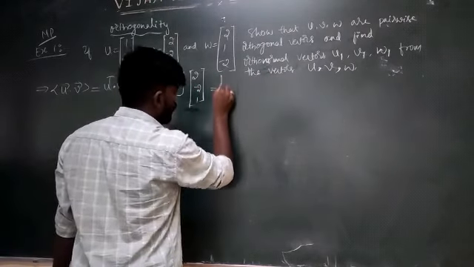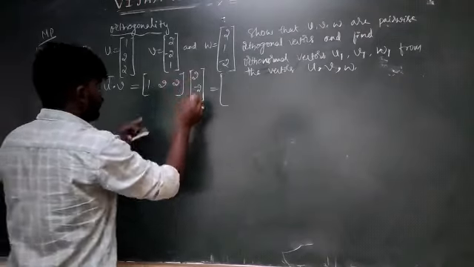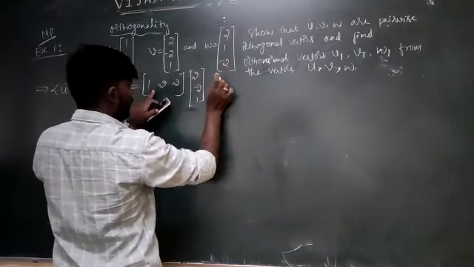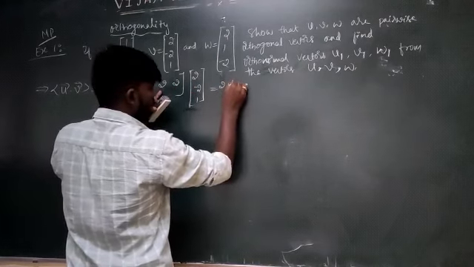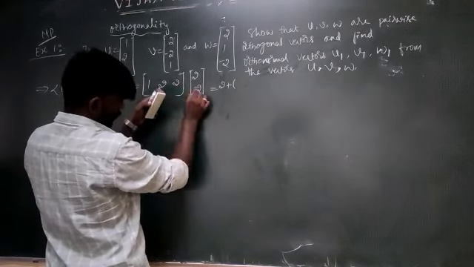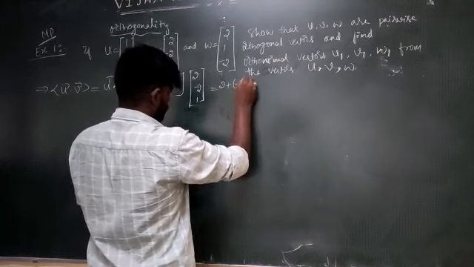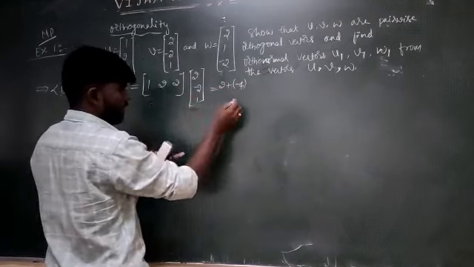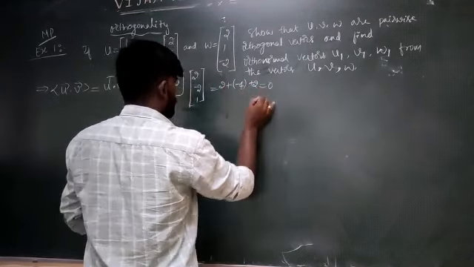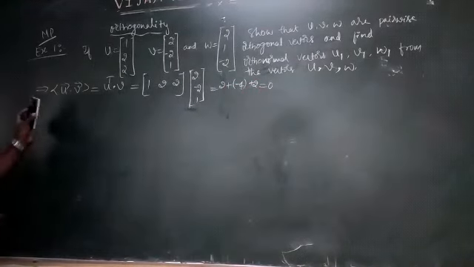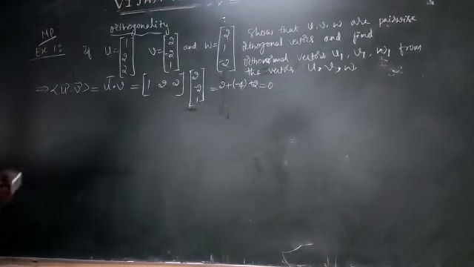That is 1 into 2 is 2, plus 2 into -2 is -4, plus 2 into 1 is 2. 2 plus 2 is 4, minus 4 gives 0. So u and v are orthogonal.